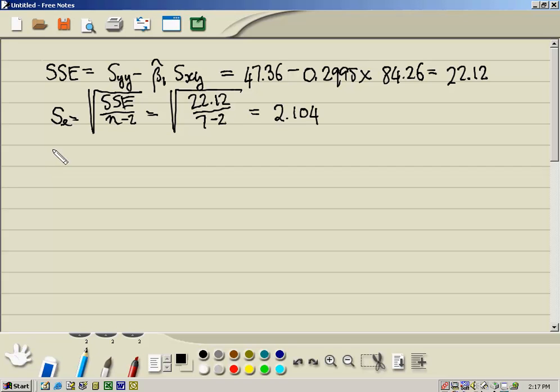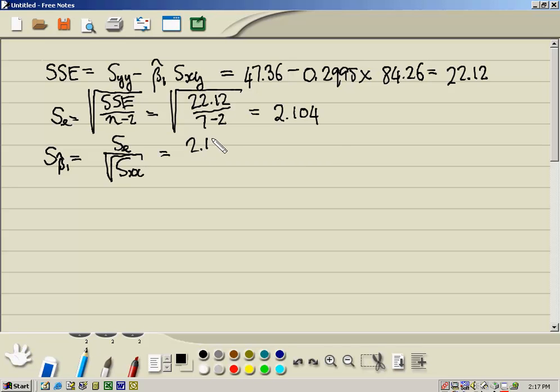Okay, next step is the item called the standard error, S of beta hat 1. That's S of E divided by the square root of the sum of squares of x.